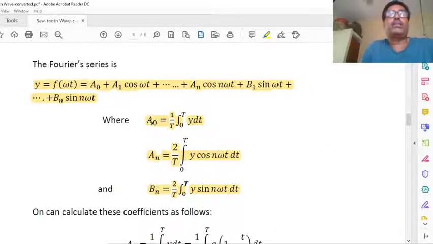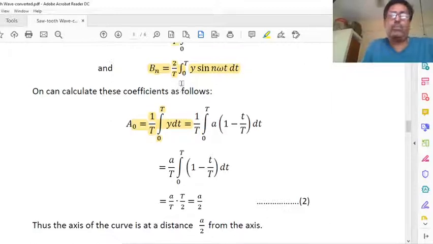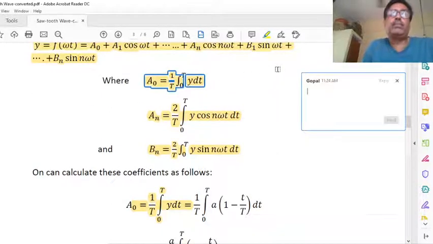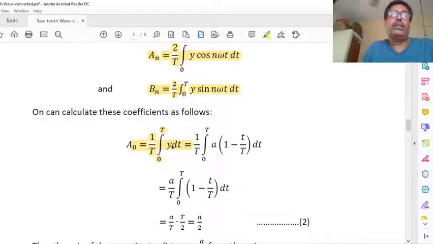So let us start one by one. The first target is to get a0 for the sawtooth wave. As we know, a0 is equal to 1 by T, integral from 0 to T of y dt.